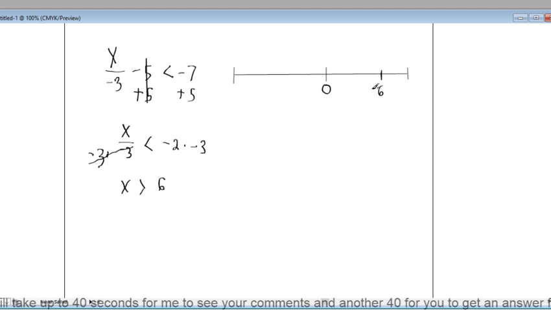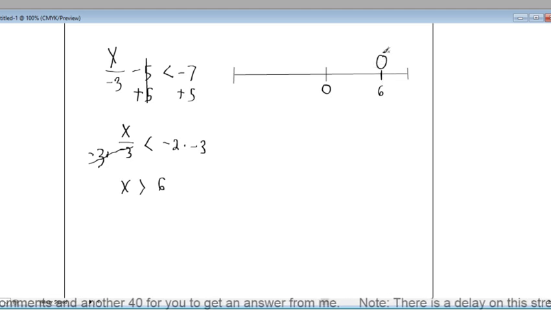Now, it doesn't say that x can be equal to, it just says that it can be larger. So we're not going to use a solid dot, we're going to use an open circle. Again, that open circle shows us that, yeah, we're going to start at 6, but we can't actually include it. It just basically starts at 6.0000000000000, and then somewhere there's a 1. And then from there, it's all the things that are larger than 6, because x must be greater than 6.